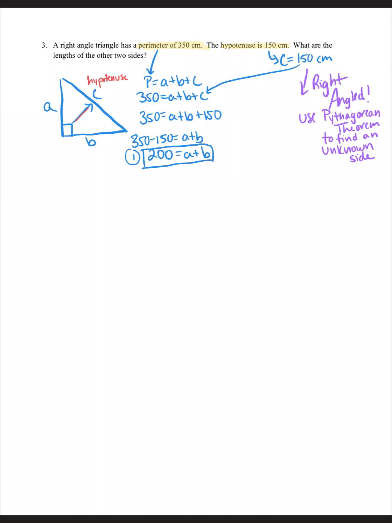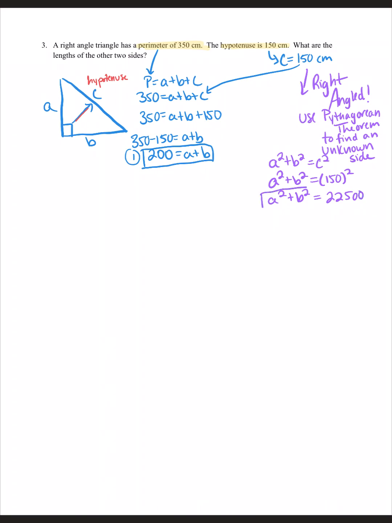Okay, so Pythagorean theorem is a squared plus b squared equals c squared. So if we think about, well, do we have any of this information, A, B, or C? We do have C, right? That would be 150 squared. So we'd have A squared plus B squared equals 22,500.